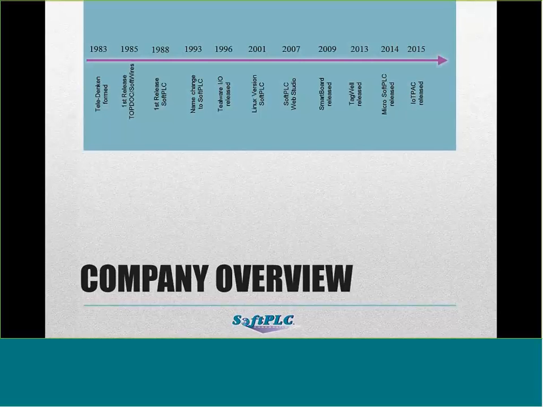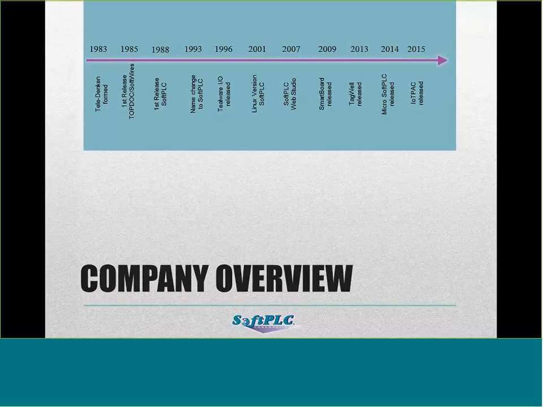Soft PLC was actually founded back in 1983, and we've always been an industrial software company. In 1988, we released the very first Soft PLC. So that was a long time ago. We were one of the first to create a Programmable Automation Controller. As things evolved, we've added to the product. We've ported it to Linux.